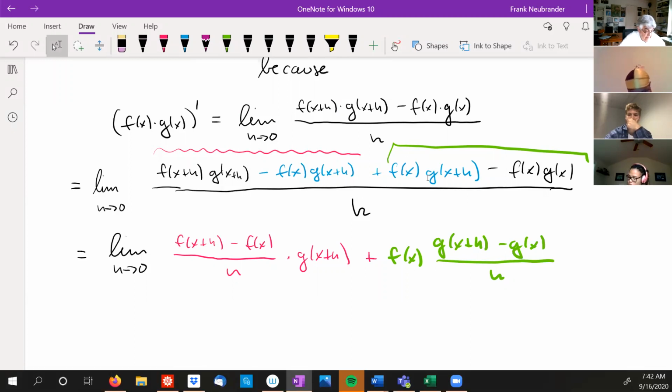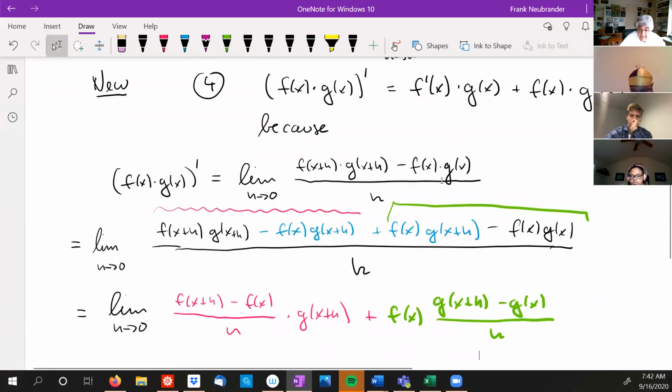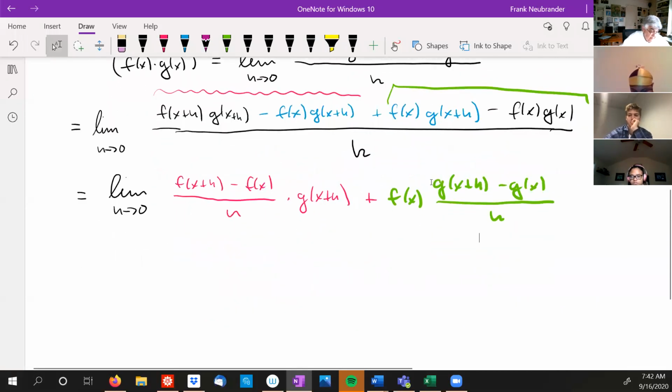Again, if you look at the red piece, the g of x plus h is in both terms. I can factor this out. And if you look at the green piece, the f of x is in both terms, so I can factor this out. Now if h goes to 0, then the first term is f prime of x.